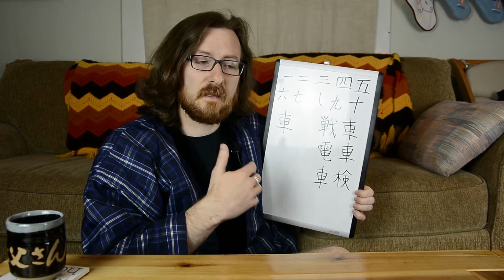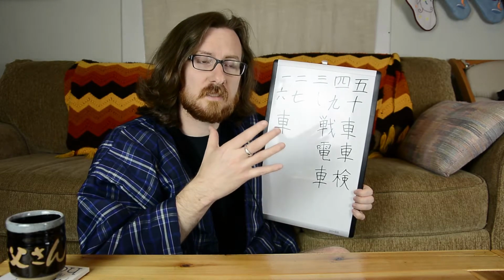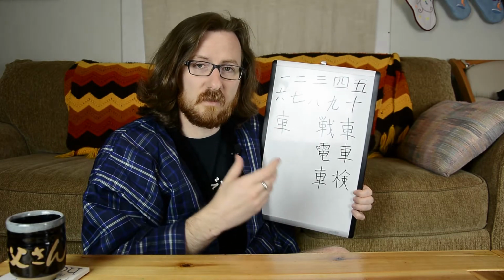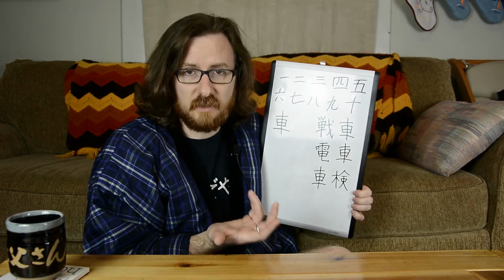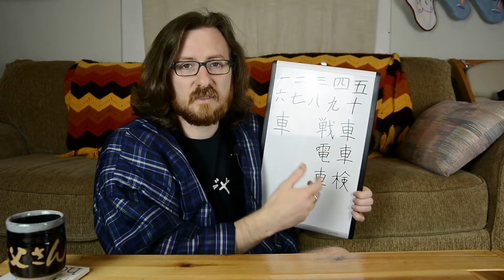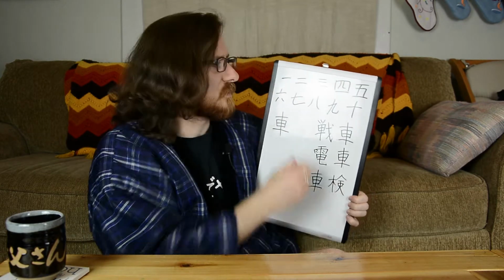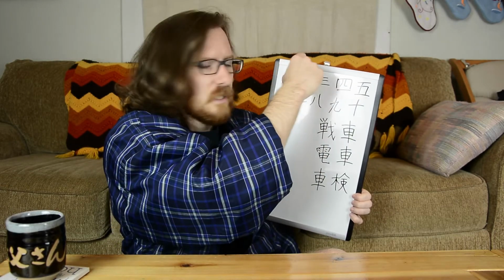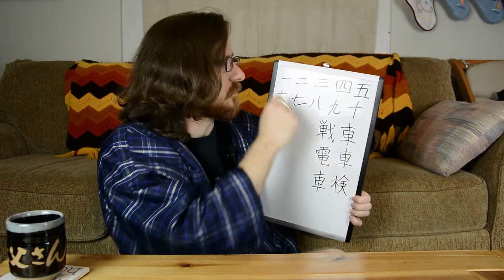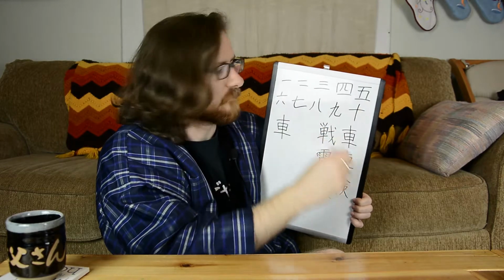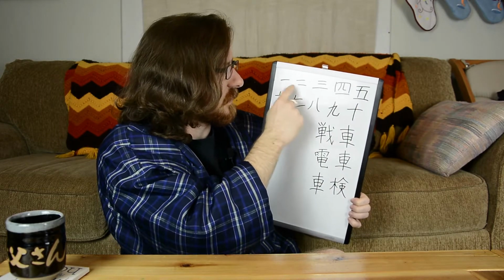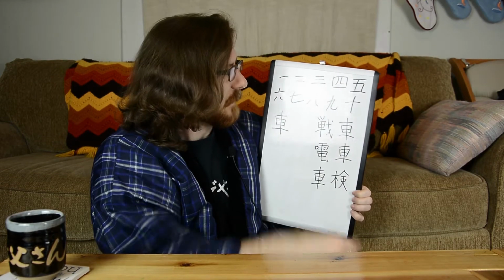But in order to condense the amount of writing that a person does, they use kanji as shortcuts. So instead of writing ichi in hiragana, you can just make a line and that's ichi. You can make 2 and that's ni. And so on and so forth.